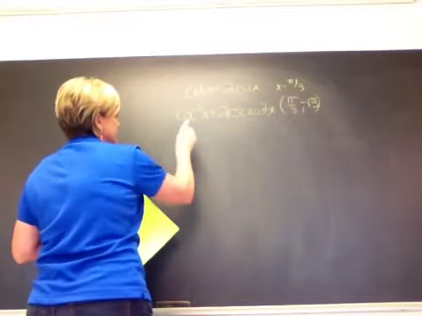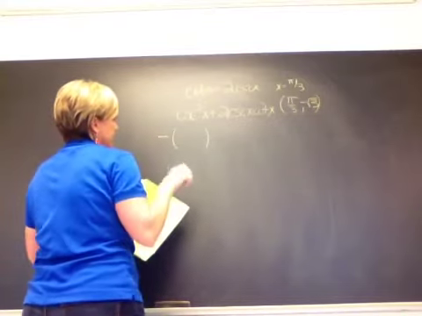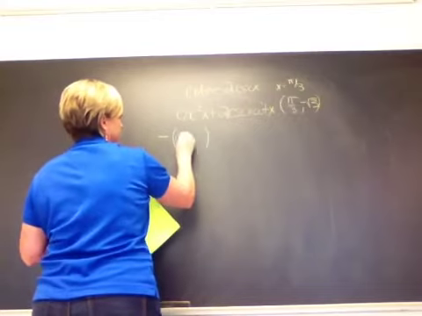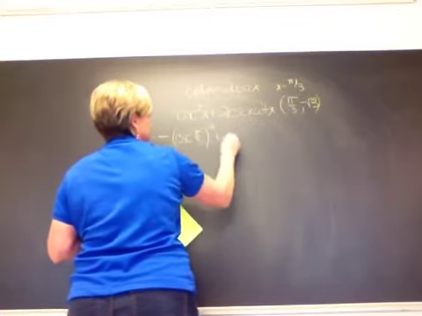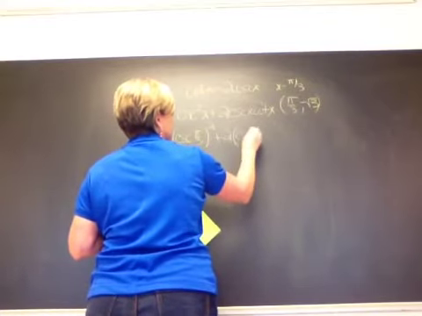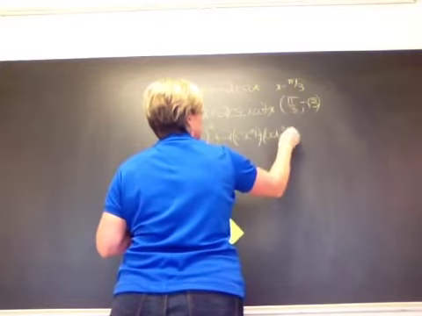Oh well. So we'd have negative cosecant of pi over 3 squared plus 2 times cosecant of pi over 3 cotangent pi over 3.